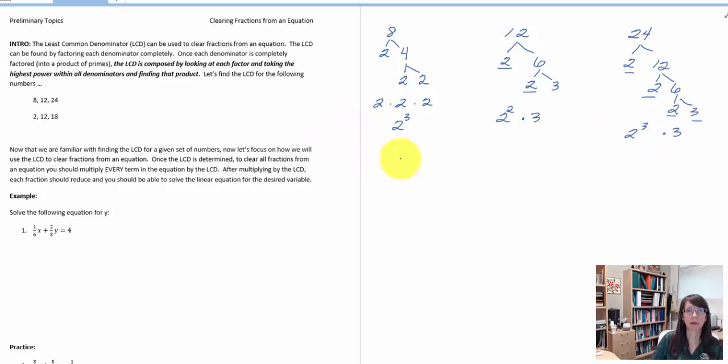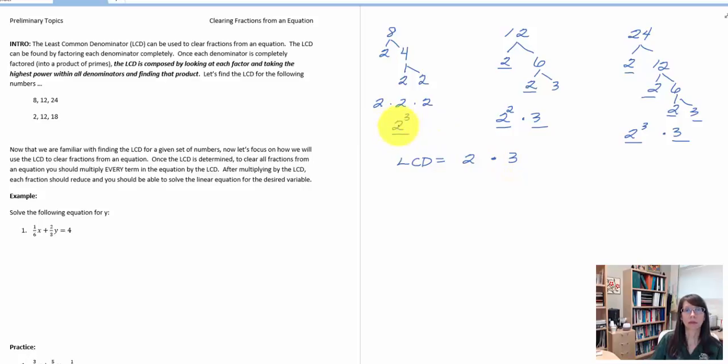So when I am composing my LCD, I'm looking at factors of 2, factors of 2 and 3, factors of 2 and 3. So the unique factors are 2 times 3. Now I need to consider what power each of these factors is raised to.